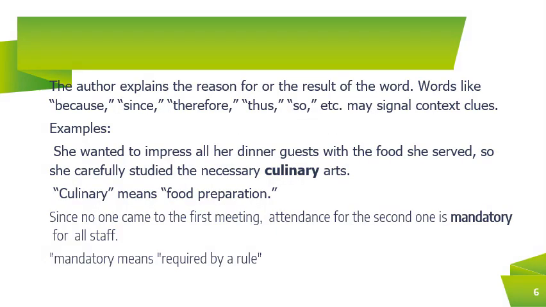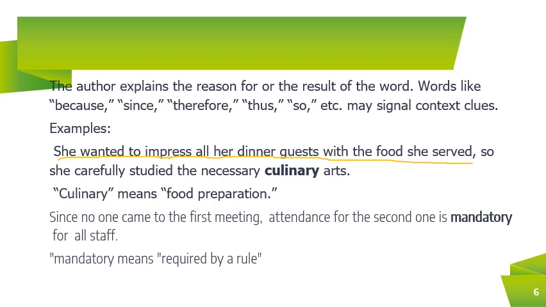So, other examples. She wanted to impress all her dinner guests with the food she served. So, she carefully studied the necessary culinary arts. Let's identify the cause and effect first. So, what is the cause? Dahil gusto niya ma-impress yung kanyang mga dinner guests with the food that she served.